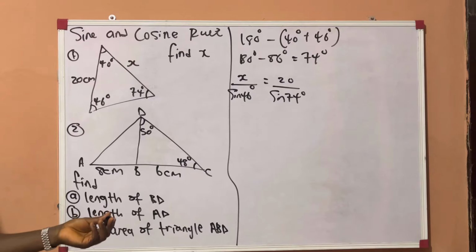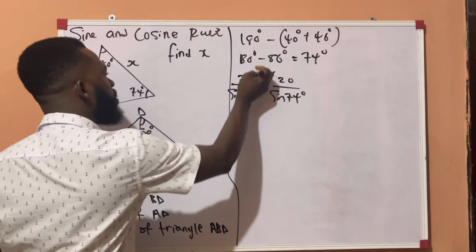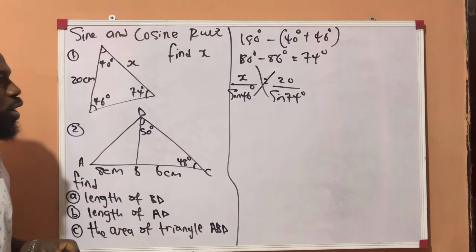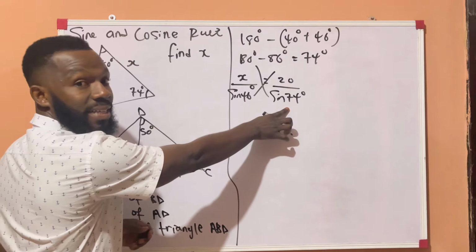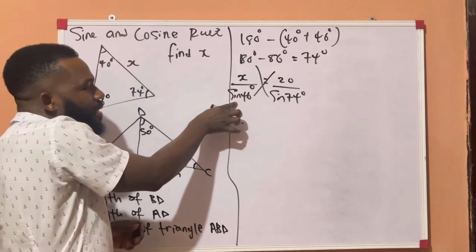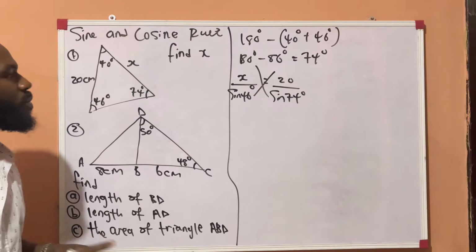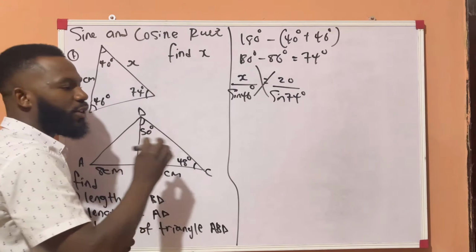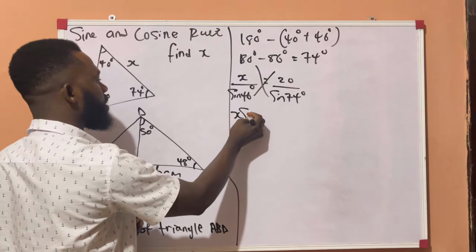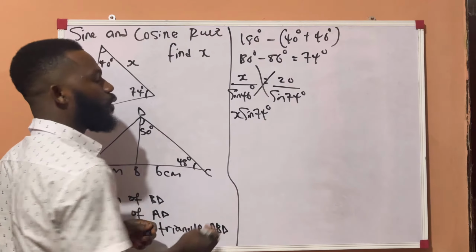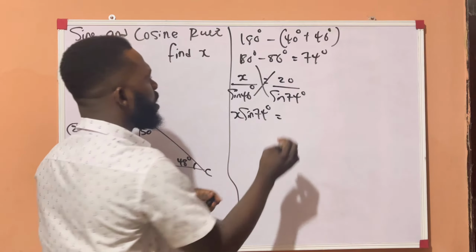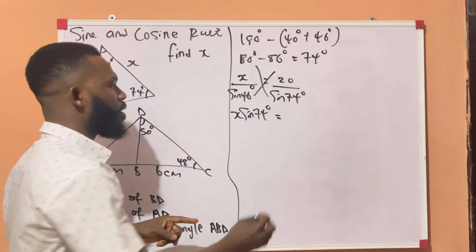Let us cross multiply. Here becomes x times sine 74, which gives x sine 74 degrees, and 20 times sine 46 degrees gives 20 sine 46 degrees.